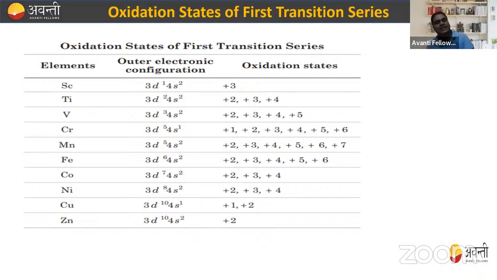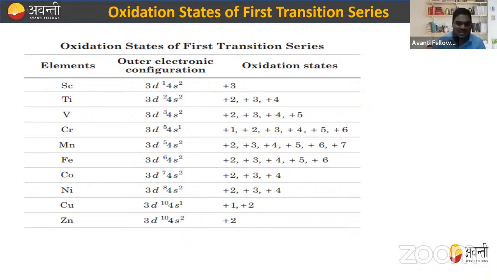Now titanium shows either plus 2, plus 3, or plus 4. Similarly, vanadium shows plus 2, plus 3, plus 4, or plus 5. Chromium shows plus 1, plus 2, plus 3, plus 4, plus 5, plus 6. Manganese shows up to plus 7.